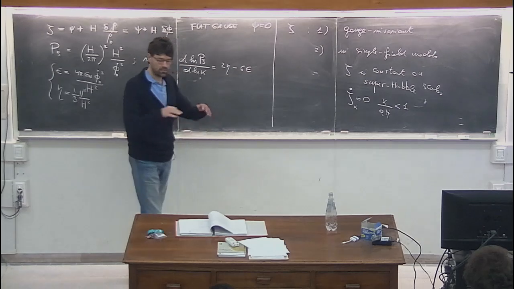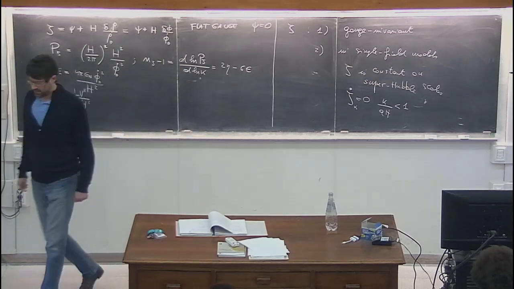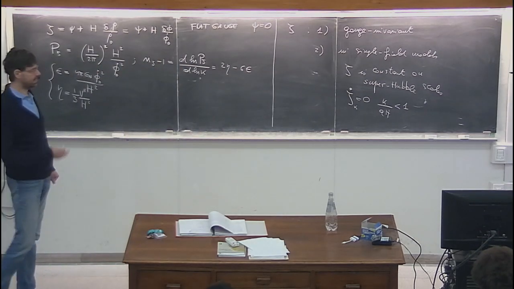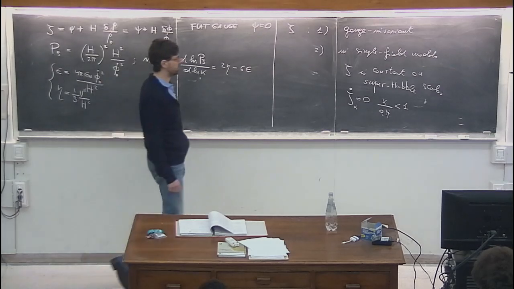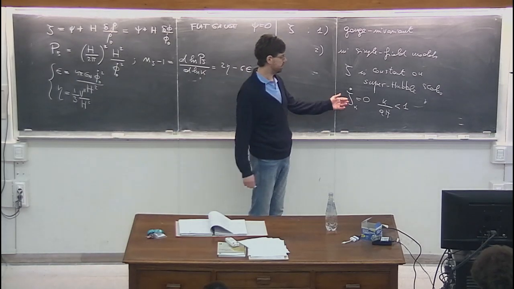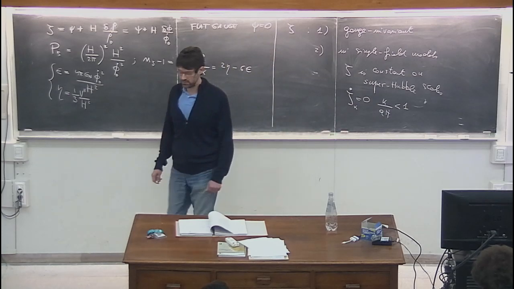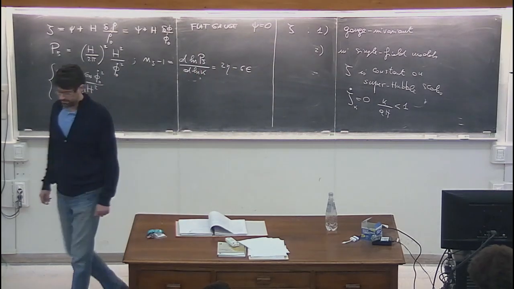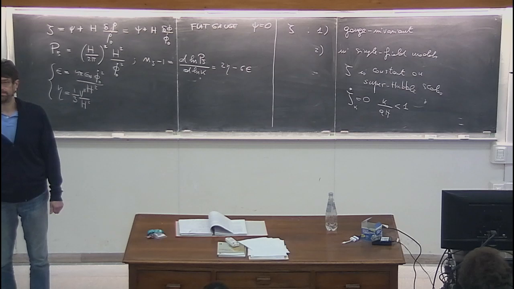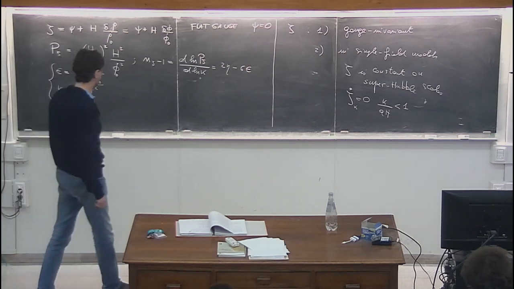So when I look at perturbations, when I do the Fourier transform of this object, and I'm looking at perturbations with a wavelength which is larger than the Hubble radius, this object is constant. It doesn't change with time.